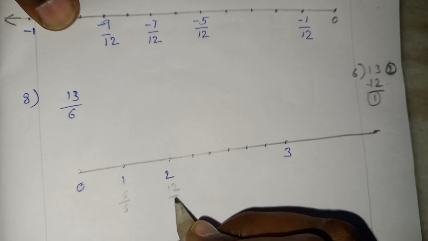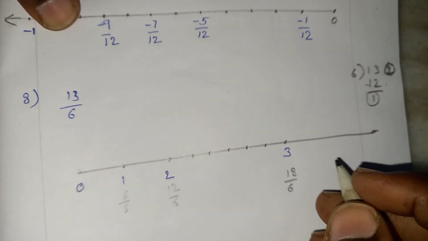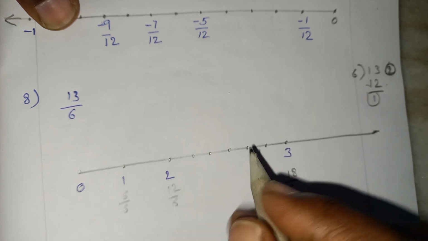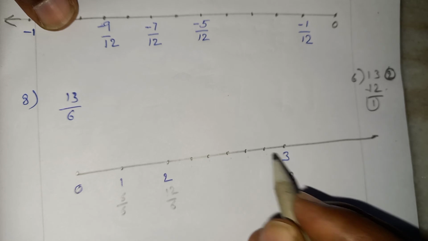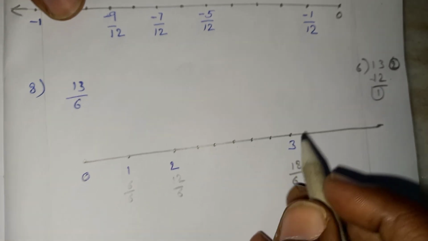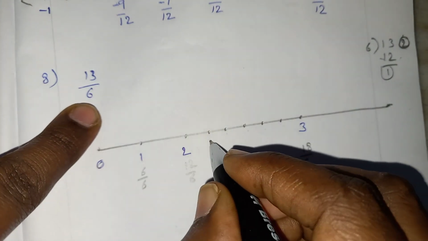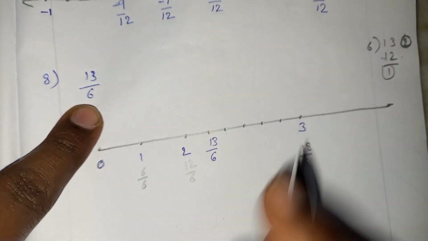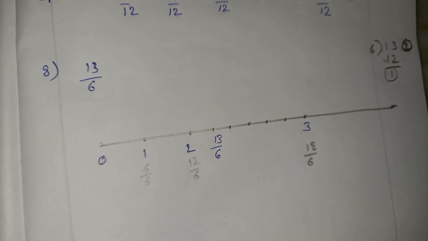Here it will become 12 by 6. This will become 18 by 6. So the in-between numbers will be 13, 14, 15, 16, 17, 18. Correct? So this number where we have to mention 13 by 6, 12 after 13. That is the reason I mentioned there.